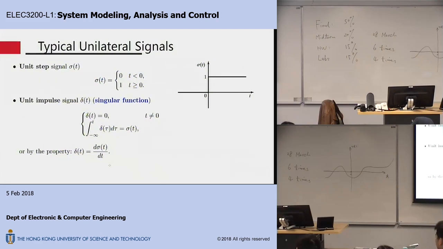It turns out that actually the integral is equal to 1 if you integrate from here. So that means the integral of the unit impulse function from minus infinity to t is equal to this guy. Right?